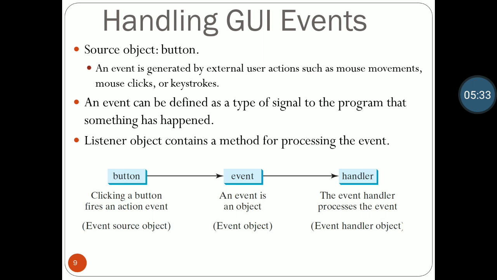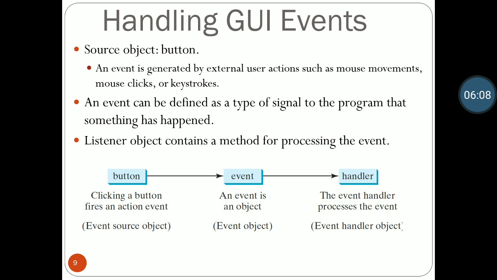An event can be defined as a type of signal to the program that something has happened. Means if you have performed a right click on your desktop, it will say that something is going to happen. Then some menu will appear there, so that is your handling of the event. Means if you are making a right click, then that is making a handler, and the handler will generate that menu.